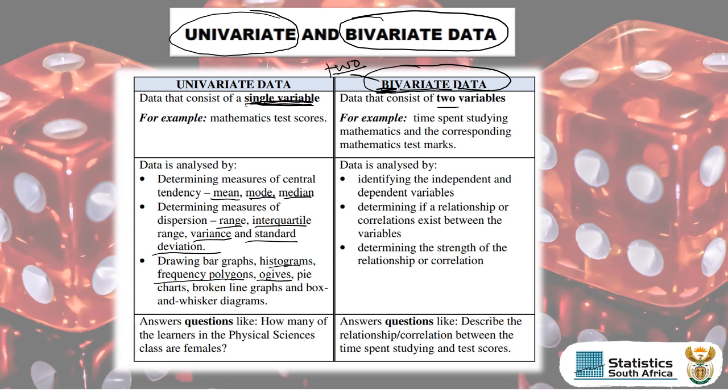So this is data that consists of what? Of two variables. For example, we can say the time spent studying mathematics. This is one variable. And again the corresponding mathematics test marks. So let's look at the time this person spends studying mathematics, and let's check their corresponding marks after studying for a specific time.